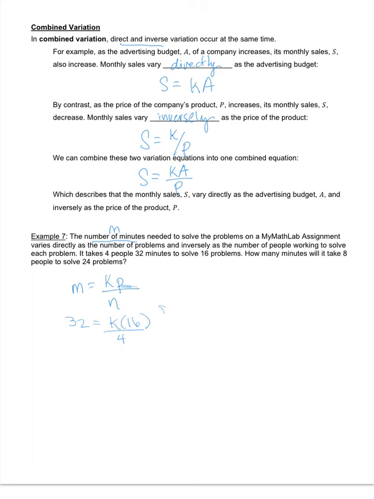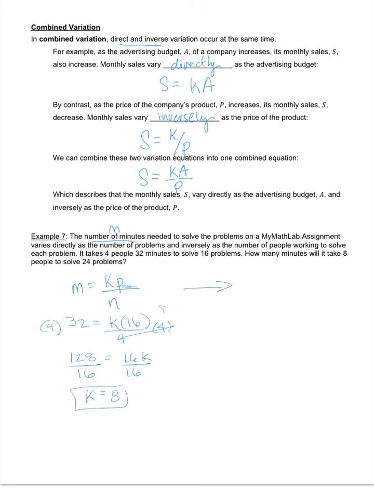So we can solve for K. If you multiply both sides by 4, we have 128 equals 16K. Continuing to solve for K, I divide both sides by 16. So I get my constant of variation to be 8.